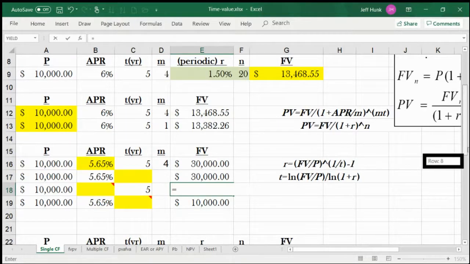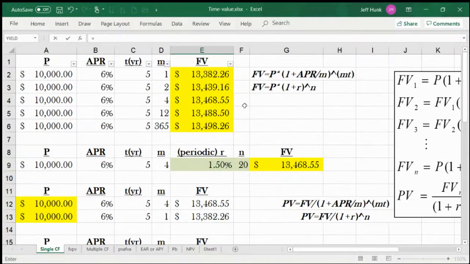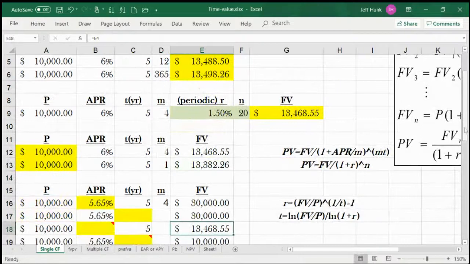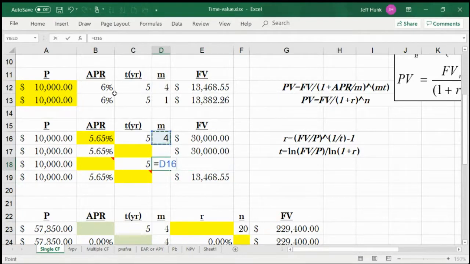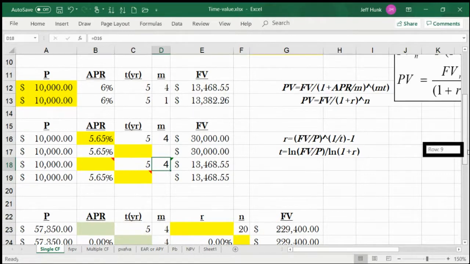So let's make this equal to that. Meaning our M is, okay. Now look at this scenario.